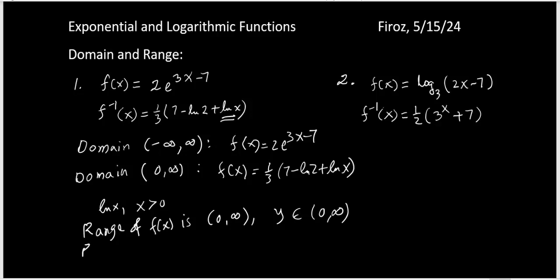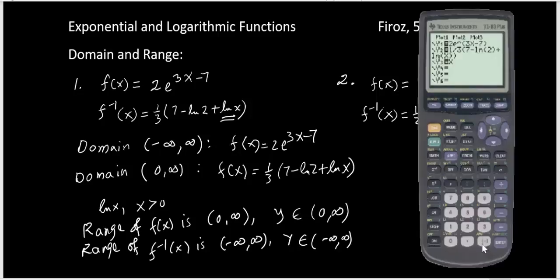And then the range for f inverse x is the domain of the main function, which is negative infinity to positive infinity. So that means in this case y also goes in negative infinity to positive infinity. So I have all the functions in here.